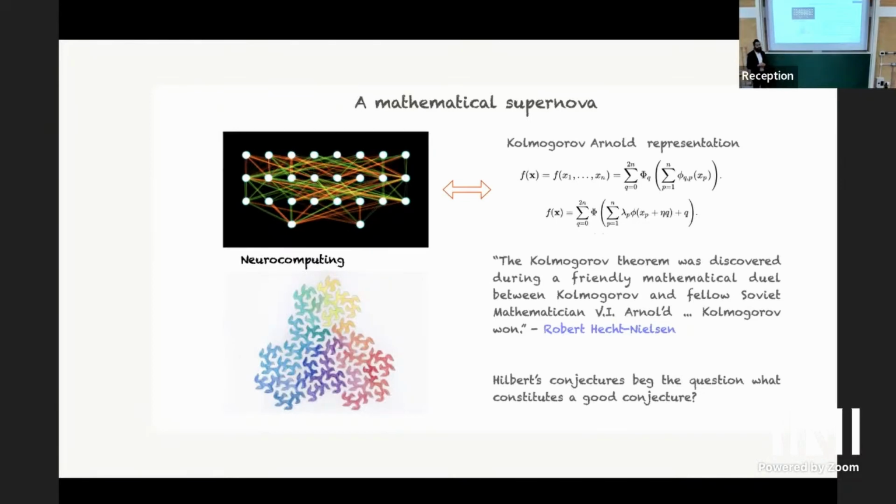If you fast forwarded 3 more decades and you reach the 1980s, Hecht-Nielsen came across this result, and he quickly realized that, wait a minute, the form of this representation, being compositional, is indicative of a neural architecture that can represent this function exactly. Now, in the 80s, there was the appearance of the universal approximation theorems, which lots of you might be familiar with.